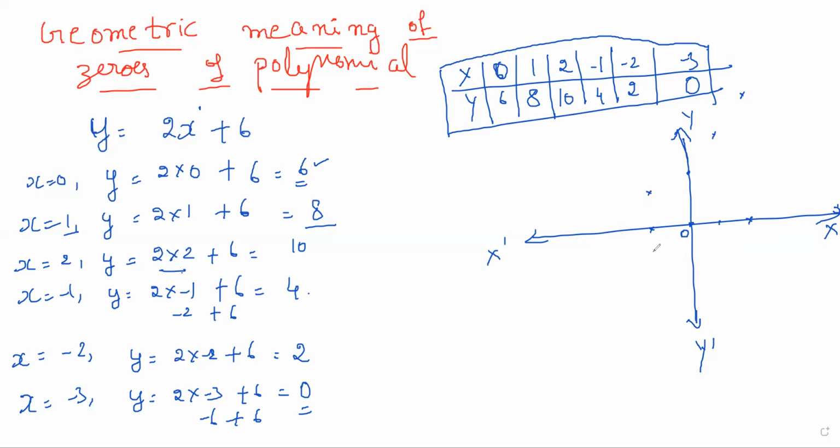When x is minus 2, it is 2. When x is minus 3, it is 0. Right, children? See, we get a straight line like this.